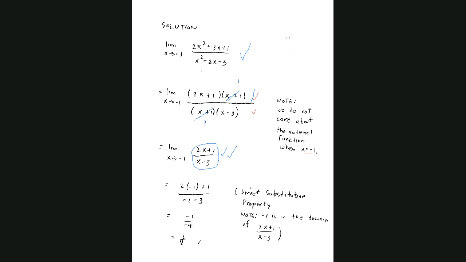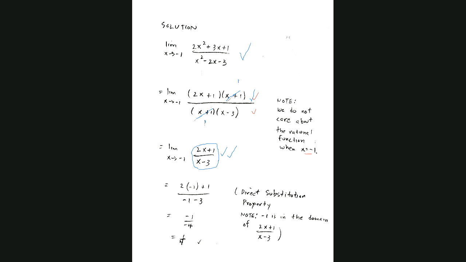Okay, can we take the limit now as x approaches -1 of 2x plus 1 over x minus 3? Yeah, there's no problem. And to take the limit, what do we do with the -1? What are we going to intuitively do? We're going to plug it in. That's right, Nicholas. And we can plug it in because of what's called the direct substitution property.